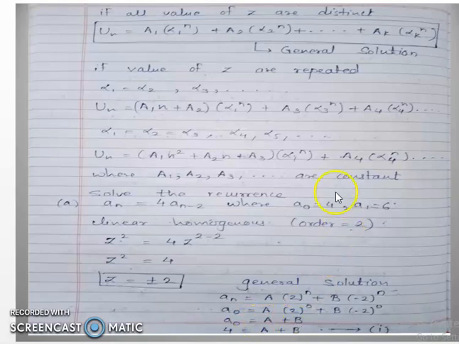Then we put the value of a0, that is 4, in that equation, and we get 4 is equal to a plus b. We mark this as the first equation. Then the next step to solve the recurrence relation is to put n is equal to 1 to find the next equation.